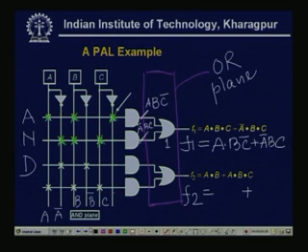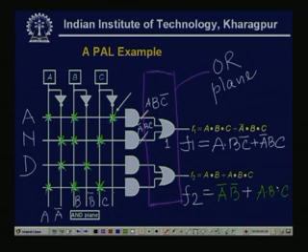The first input of the first AND gate is A bar and this is B bar, so the first one is A bar, B bar. Now the second input of the OR gate is A, B and this is C. So this is A, B, C.